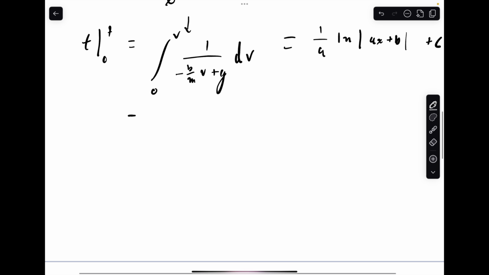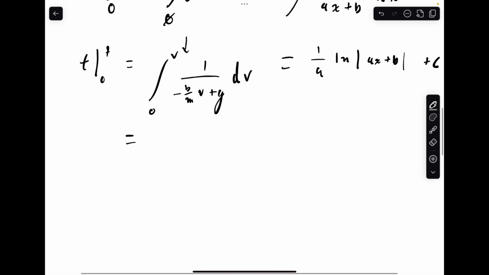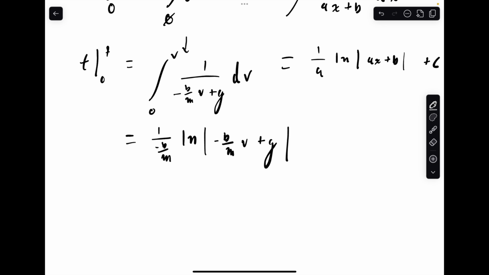So this integral will evaluate to 1 over negative b over m, times ln of negative b over m v plus g, from the bounds of integration 0 to v.